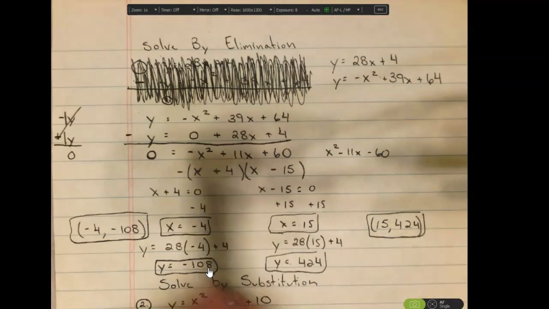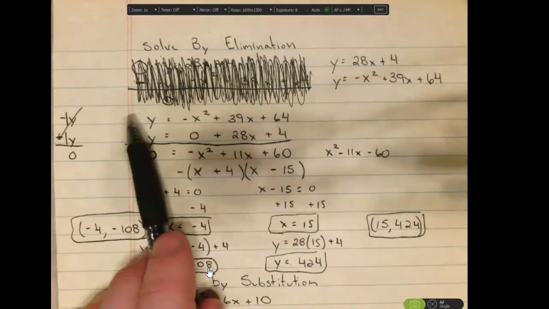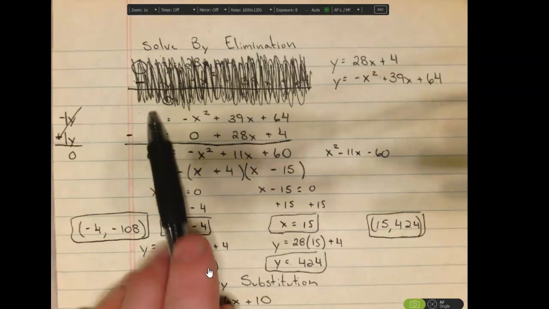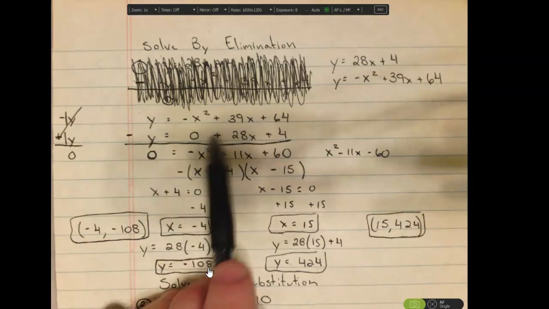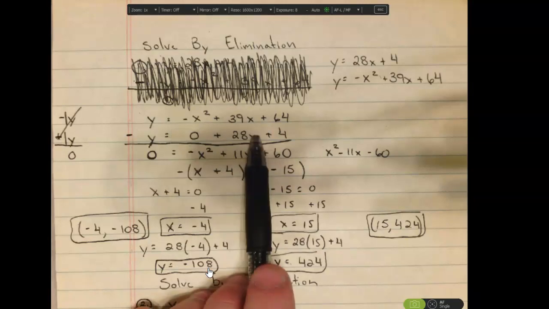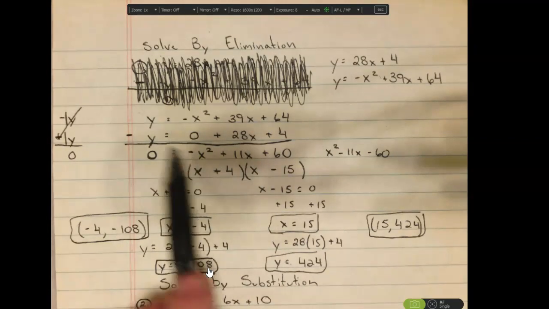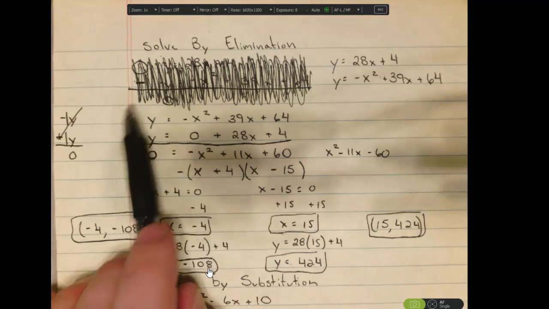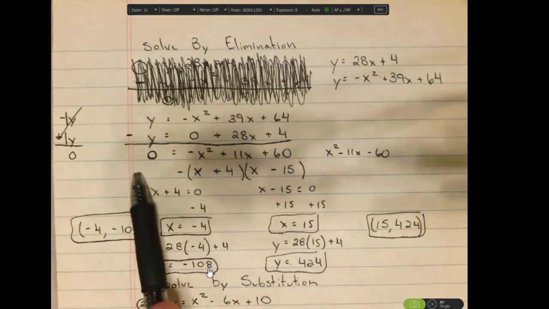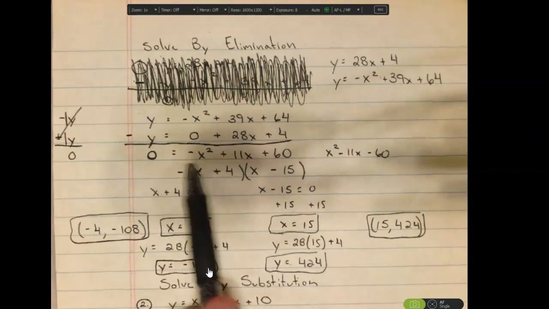So again, elimination. I'm setting them up where I'm adding or subtracting my two equations. Remember, your quadratic one always goes on top. Once I finish adding or subtracting, I should have canceled out one of my variables. It does not matter if it's the x or the y, but I want to cancel one of them out.